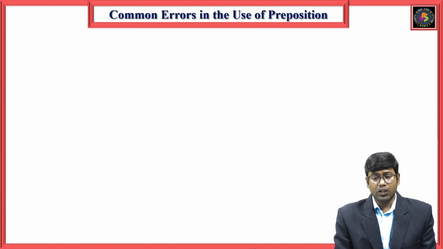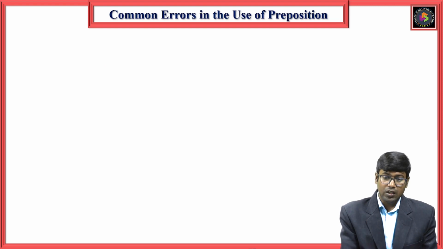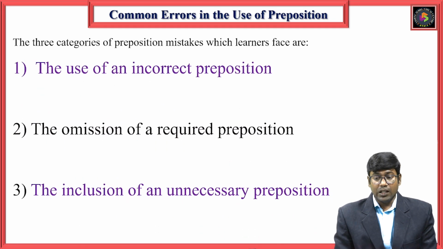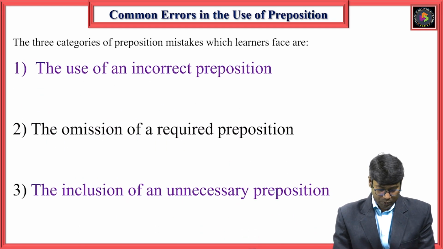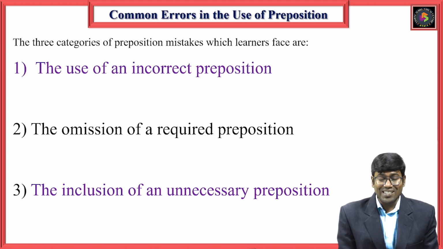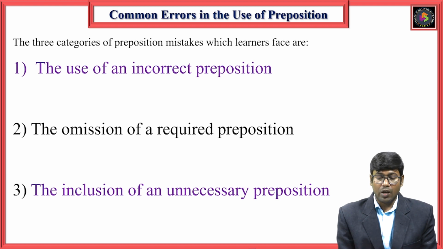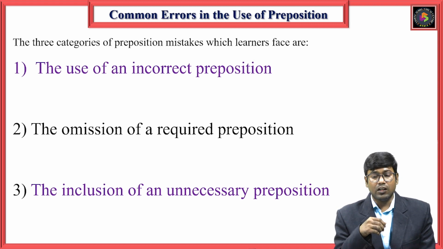Now we are going to some common errors in the use of prepositions. Indian students, or those who have English as a second language, often make mistakes in using these prepositions. If we categorize the common errors, we can divide them into three categories.